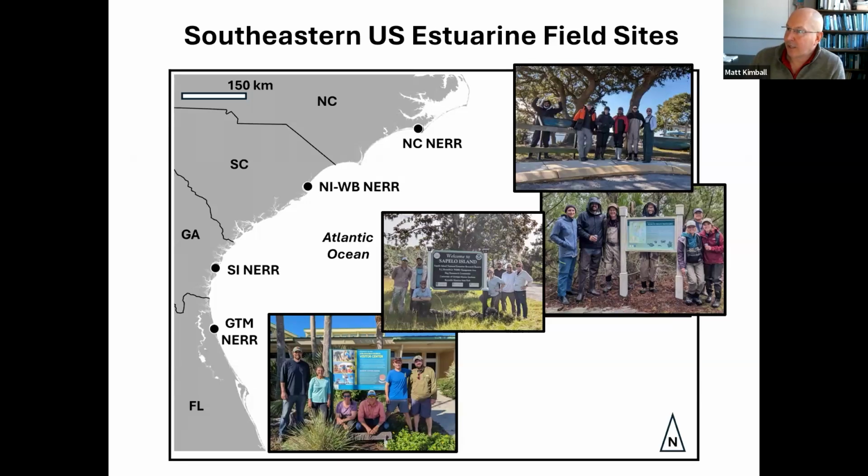We used 4 National Estuarine Research Reserve sites spanning North Carolina, South Carolina, Georgia, and Florida. We used one from each state to try to balance it out.